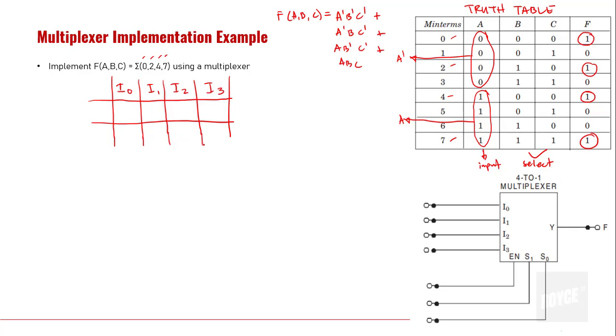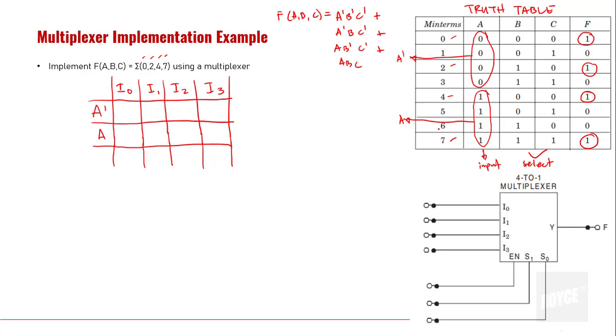Sabi natin, meron tayong uncomplemented and complemented value. So bear with me dito sa bagong mapping na ginagawa natin. Here is the complemented and the uncomplemented value. As you can see, for the complemented value, this contains the minterms 0, 1, 2, and 3. And for the uncomplemented value, it contains the minterms 4, 5, 6, and 7.